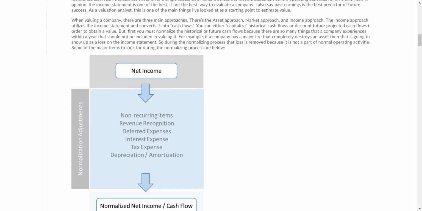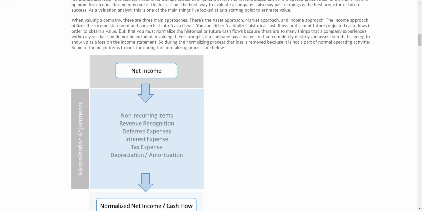Revenue recognition: you want to make an adjustment here if you're comparing to a company that, say a construction company, might be using the completed contract method versus the percentage of completion method. Both of those are going to give you a different revenue number, so you want to make sure that you're using the same one when you're comparing to other companies.